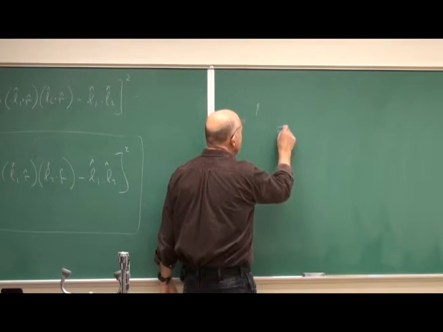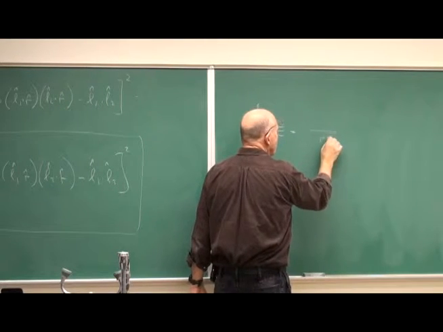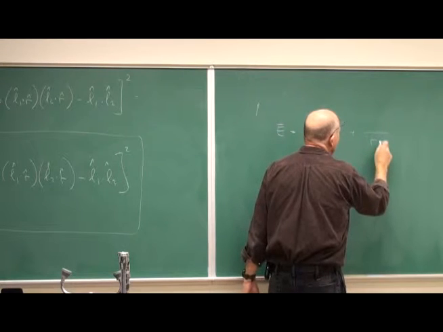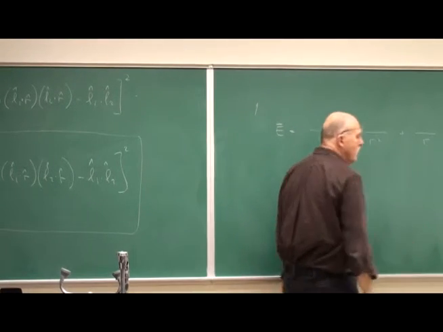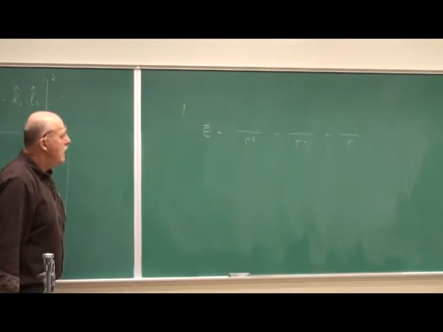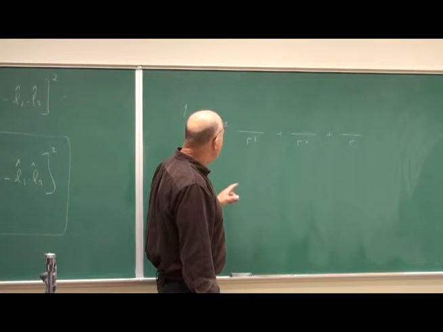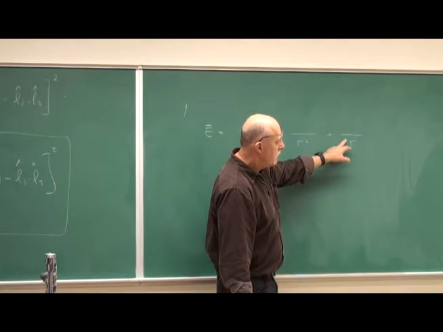It has a term which goes as 1 over r cubed. It has another term which goes as 1 over r squared. It has another term which goes as 1 over r. And that's the near field. And this is the radiation term.